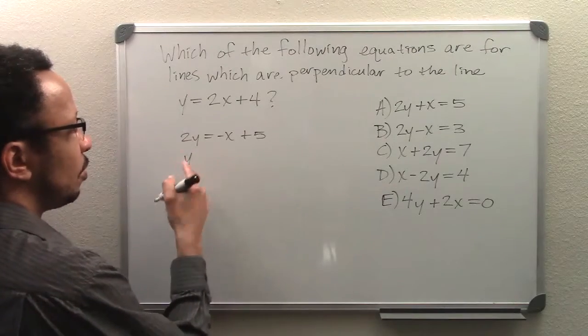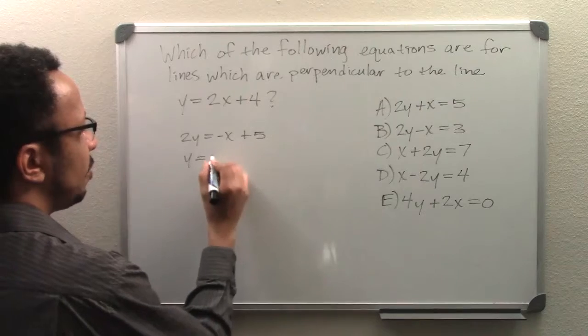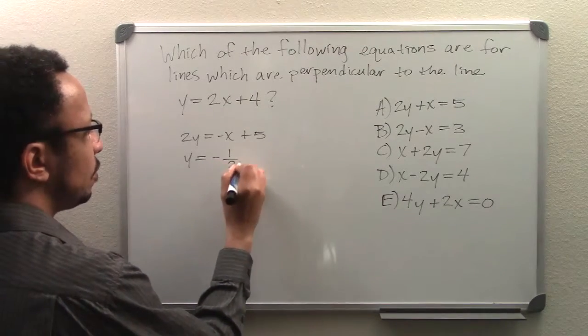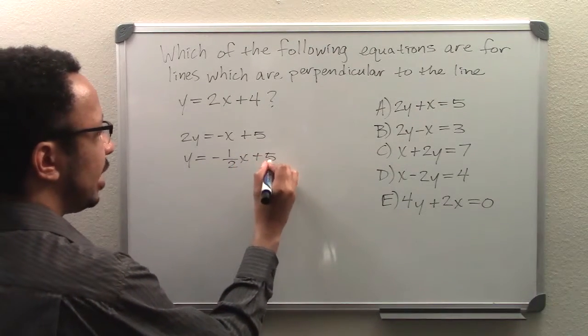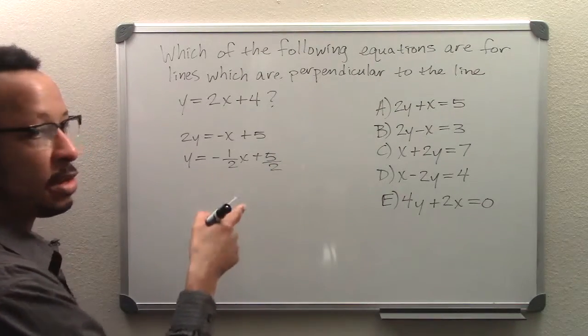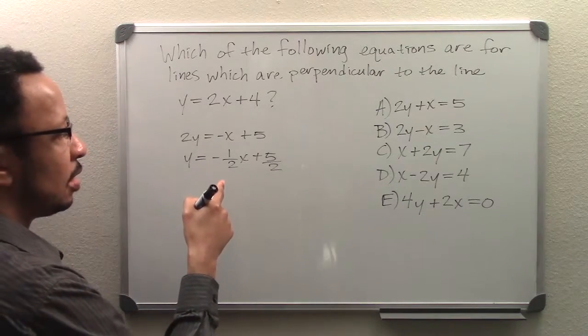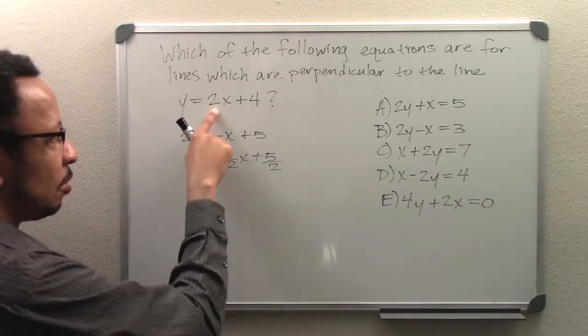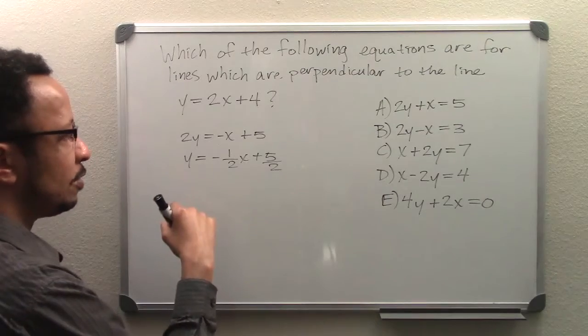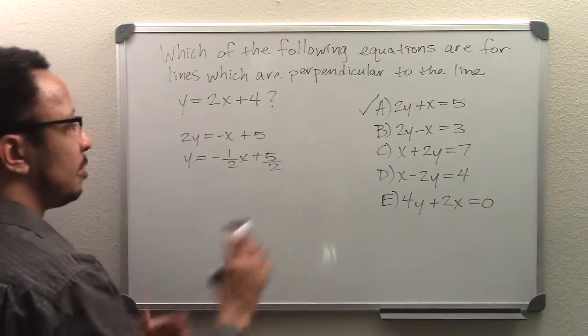Divide out 2 in order to isolate y, and we have negative 1 over 2x plus 5 over 2. That definitely is the negative reciprocal, which is what we're looking for, negative 1 over 2, because this slope is 2. So A is on our list. That's one of them.